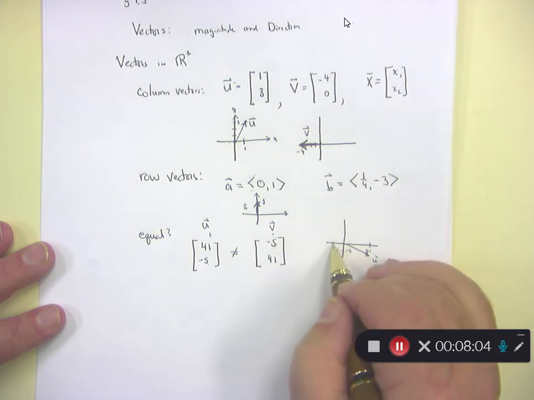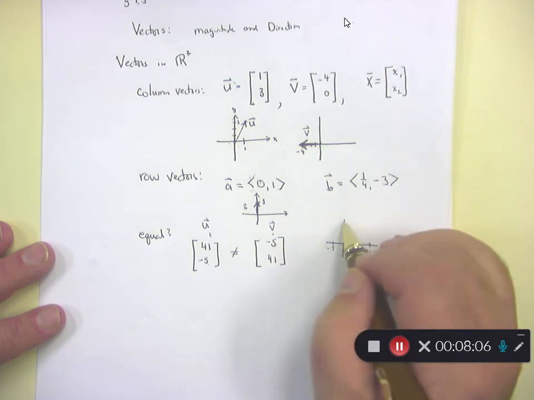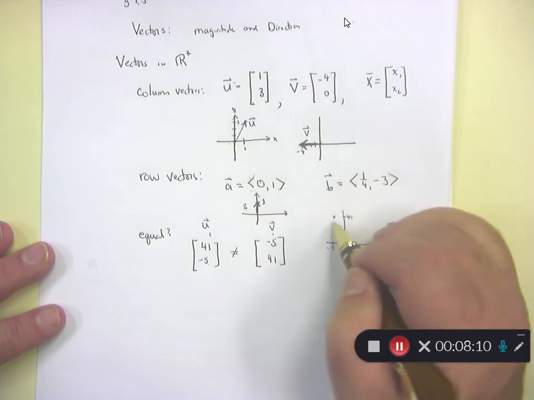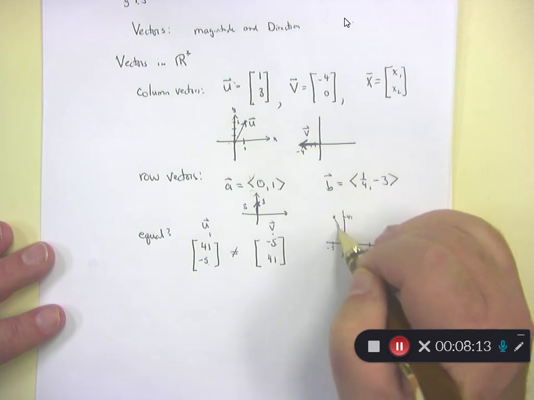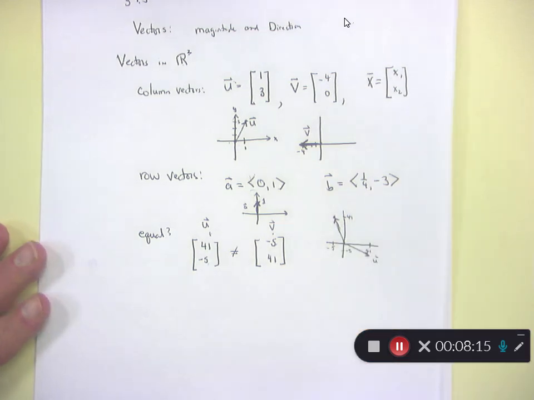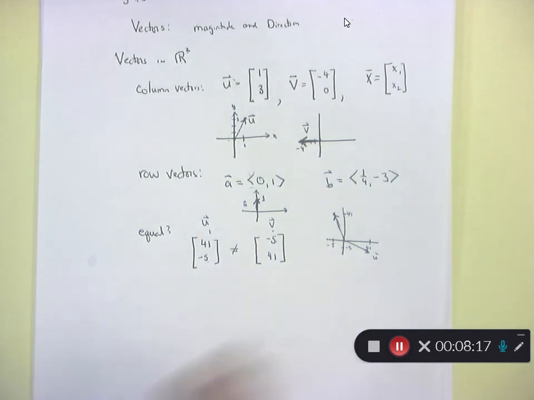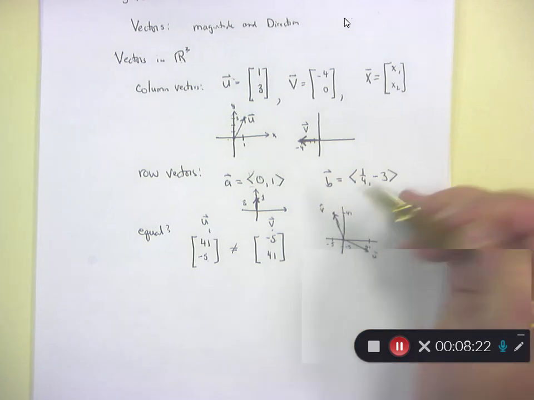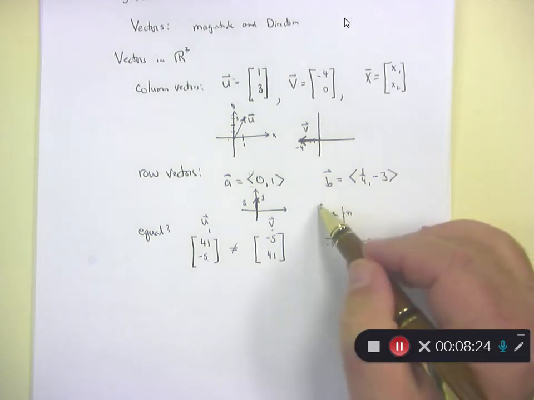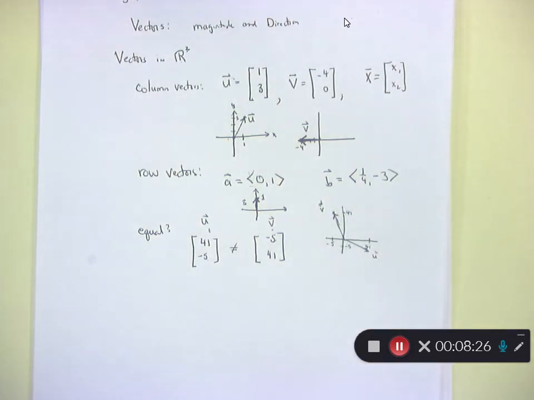That means I had to go over here to negative 5, and then way up here to 41, put a vector there, and this ends up becoming that particular vector. This is your vector v. The lengths are the same, but their directions are completely different. So by switching components around, is that going to make it the same vector? No, absolutely not. So these are not equal in terms of vectors.